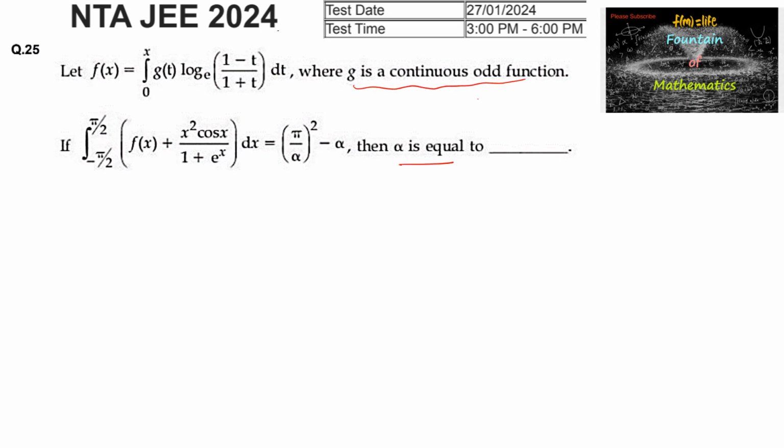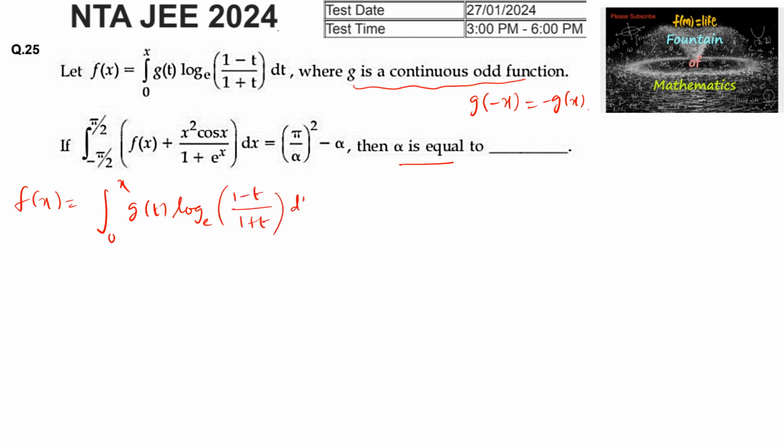Since g is an odd function, we can write g of negative x is equal to minus g of x, and let us consider f of x is equal to integral 0 to x g of t log to the base e 1 minus t upon 1 plus t dt, and f of negative x is equal to integral 0 to negative x g of t into log to the base e 1 minus t upon 1 plus t dt.